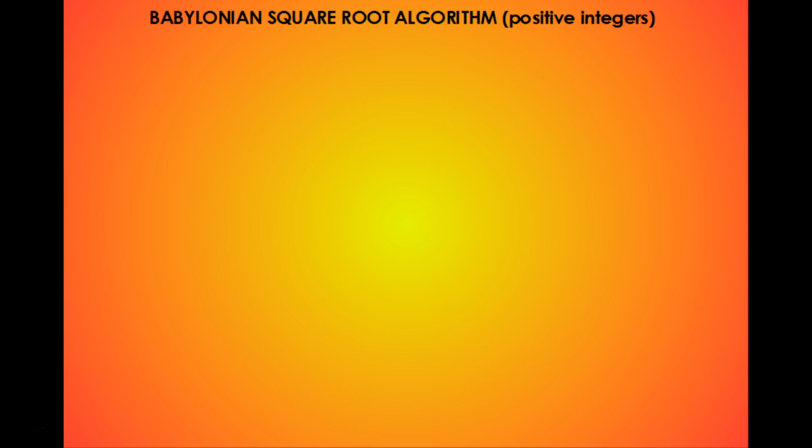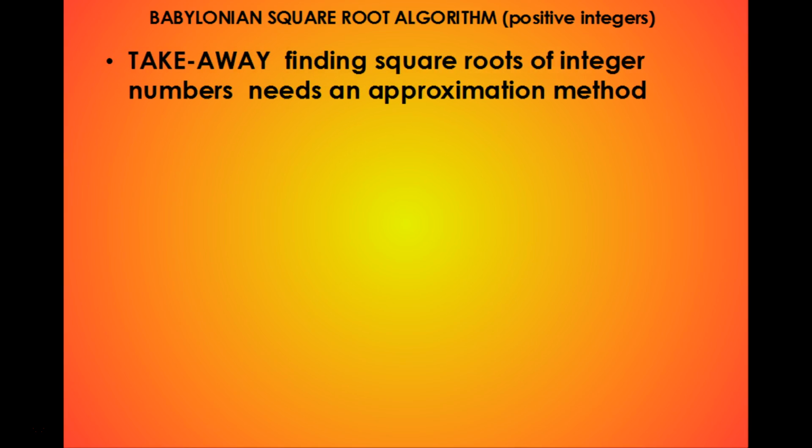All of this was just to show that it seems pretty clear that when you look at square roots of integers in the general form, most of them, just about all of them, have to be approximated. So the takeaway is that finding square roots of integer numbers needs an approximation method.